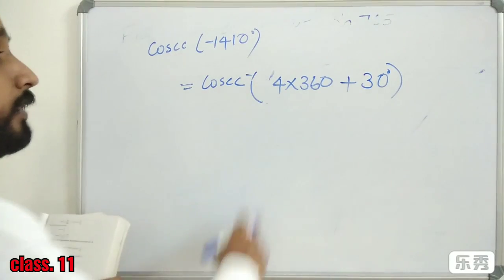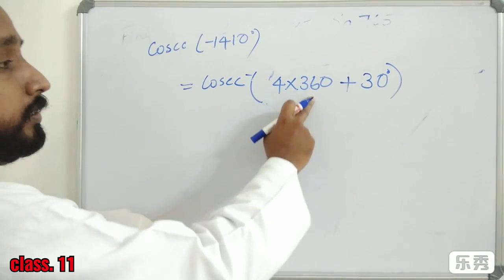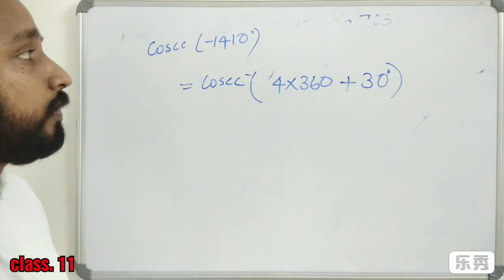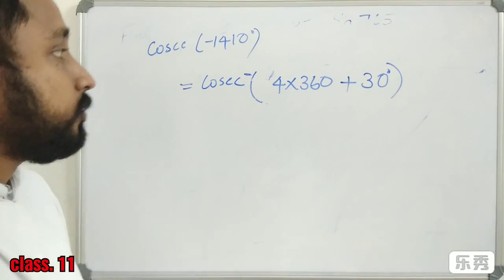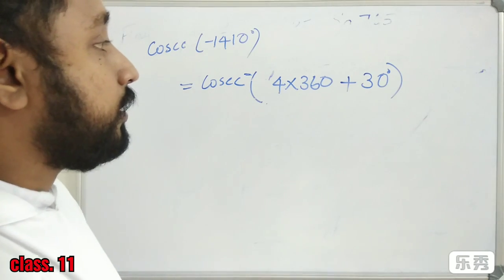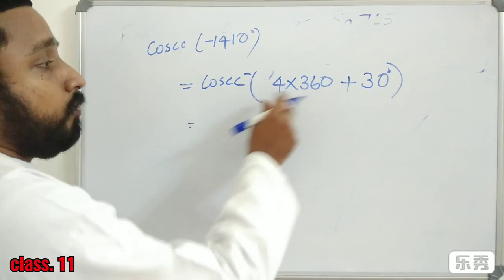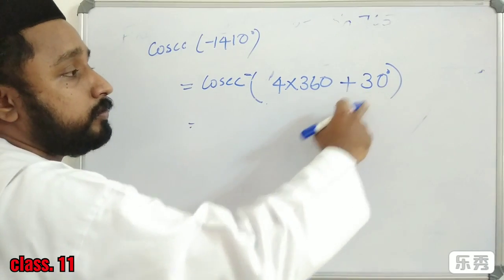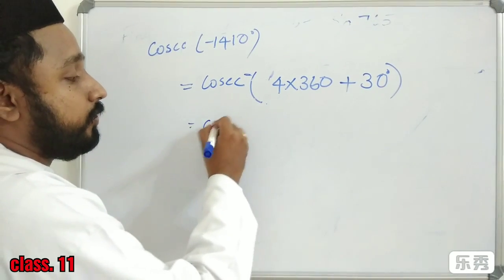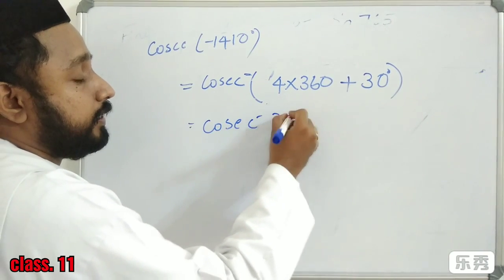The minus indicates it is a negative angle. Here 4 into 360 means 4 rotations, then again we move to 30. That means it is equal to cosec of minus 30 degree.